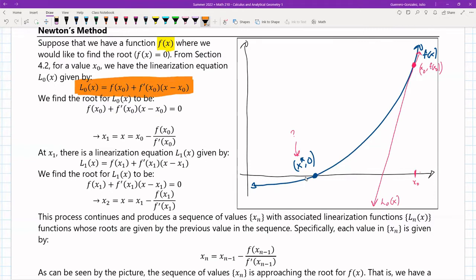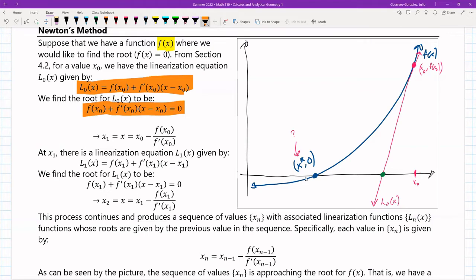And what we're going to do now is find the root of this line. So that root is, I'm going to use a green here. We're going to try to find that root right there. That means we need to solve for when this thing right here is equal to 0.